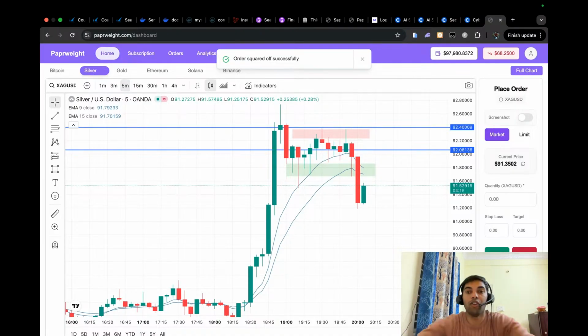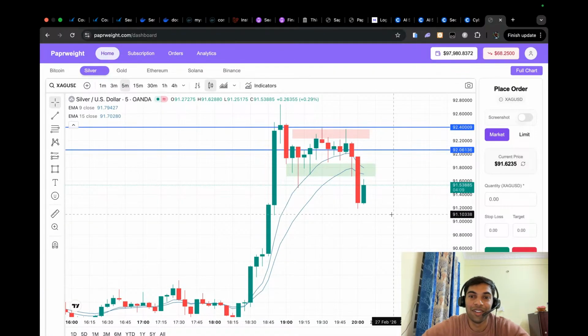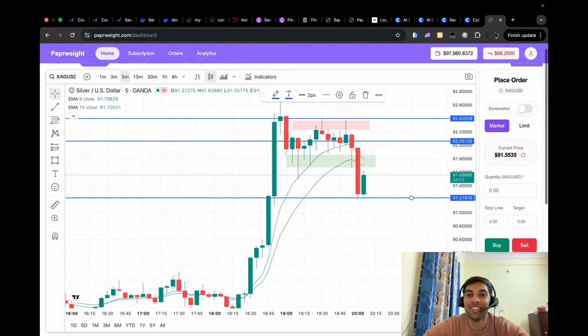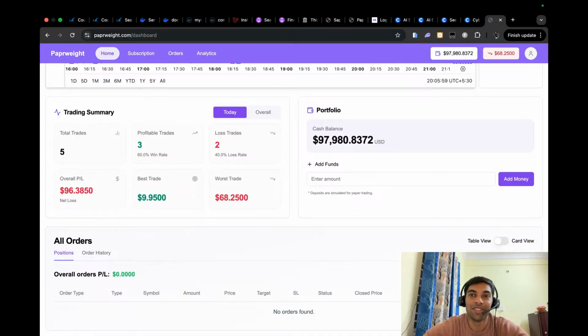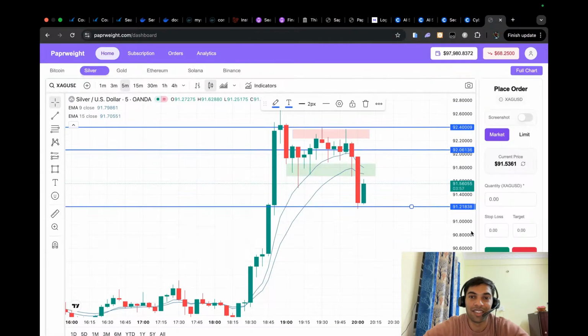I should have avoided the trade. Crazy momentum, guys. Crazy momentum. After this good red candle, you can just see the movement. Market just went up without any hesitation.